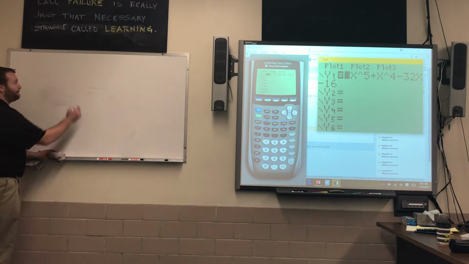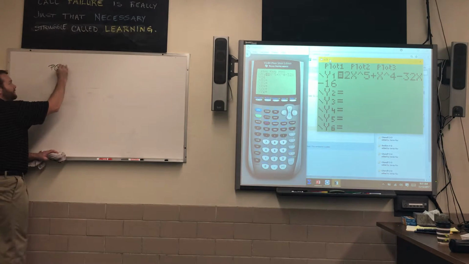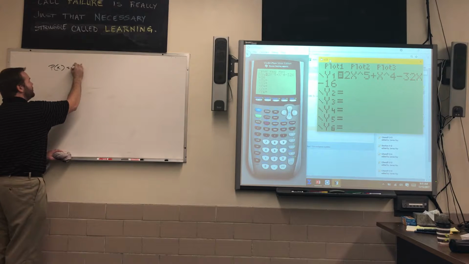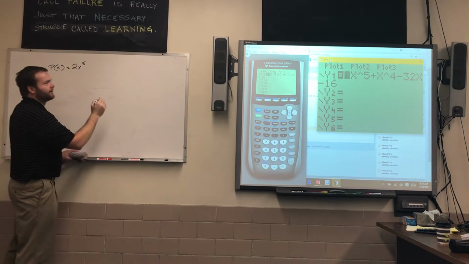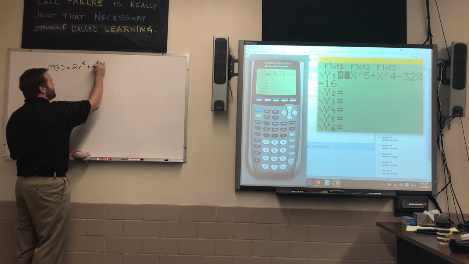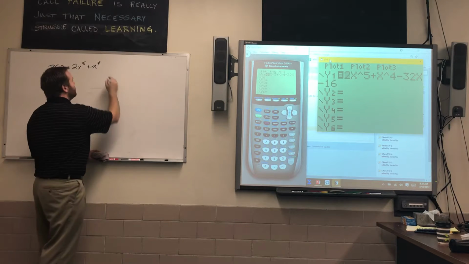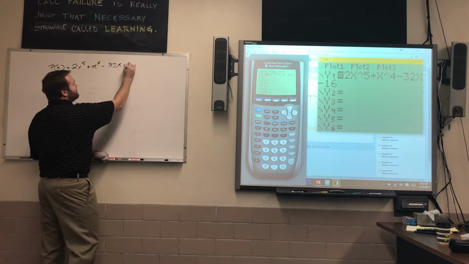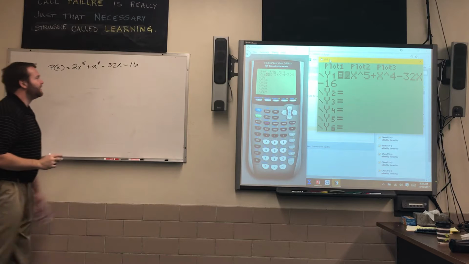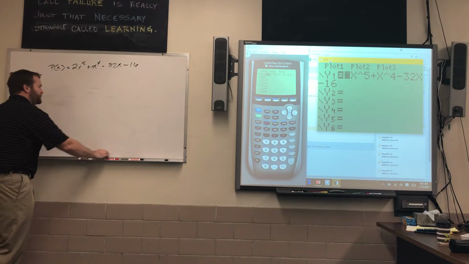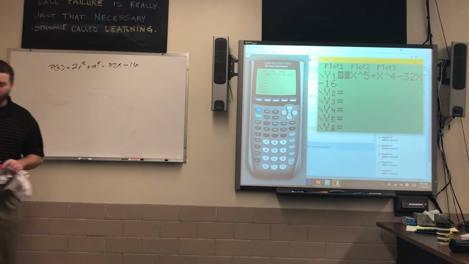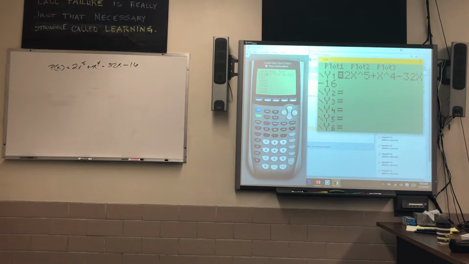Okay. If I have P of x is equal to 2x to the 5th plus x to the 4th minus 32x minus 16. Okay? We want to find all our values P over Q. So in your homework, you're going to see a variety of different styles of questions.